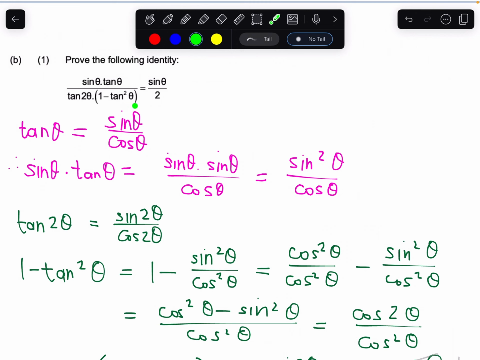So this would be 1 minus 0, which is all good and well. But then 2 times 180 is 360, and tan of 360 is 0. So you would have 0 times 1, so you would be dividing by 0, which would make this whole identity invalid. So for any multiple of 45, this thing will be invalid.